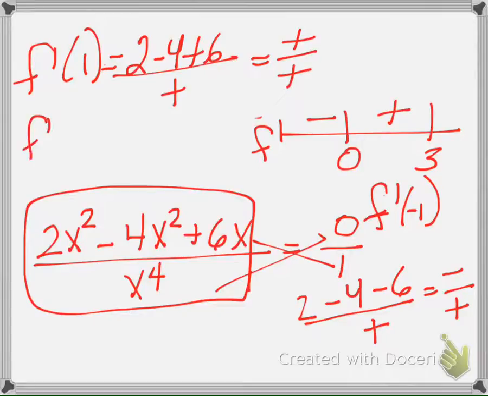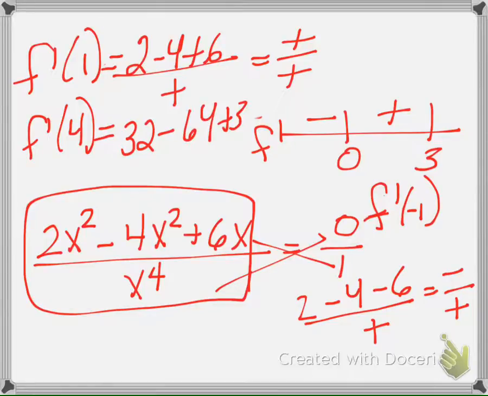And then if I do f prime of 4, I'm going to get 32 minus 64 plus 24 over a positive. So that's going to be a negative over a positive is negative.